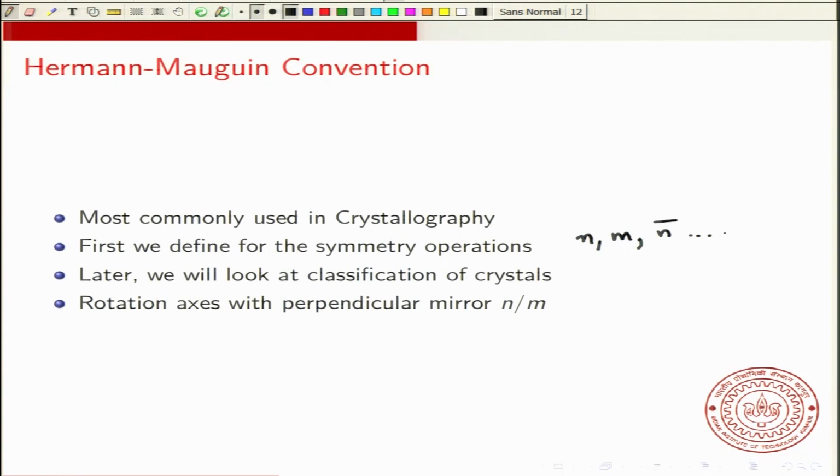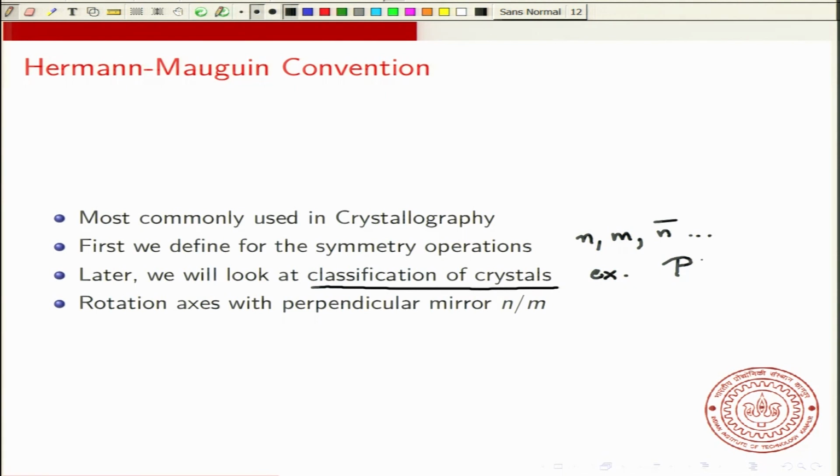Later on we will see that the same Hermann-Mauguin convention is actually used to classify the different crystals.